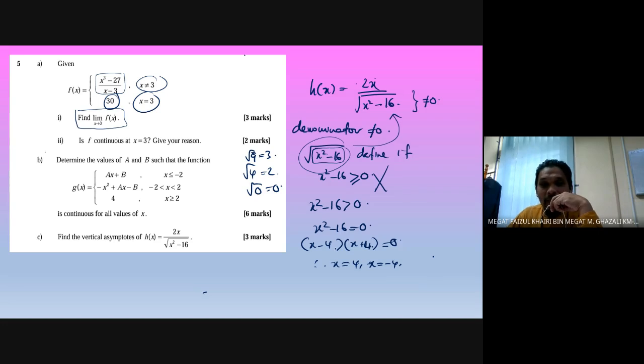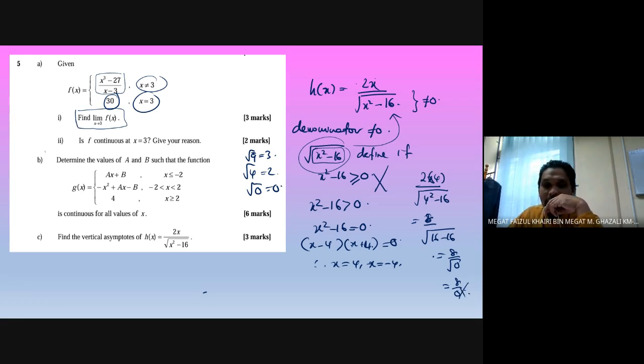By the way, if we substitute x equal to 4 and negative 4 into this equation, 2 times 4 divided by the square root of 4 squared minus 16, which is 2 times 4 equal to 8, 4 squared equal to 16 minus 16 equal to 0, so 8 divided by the square root of 0, and the whole function is undefined.